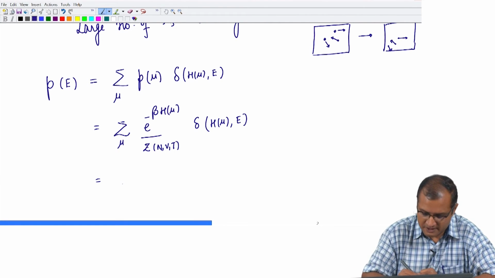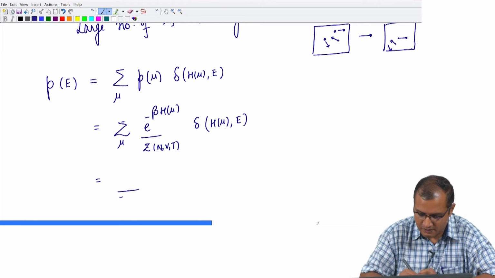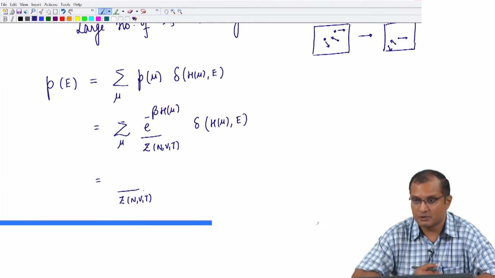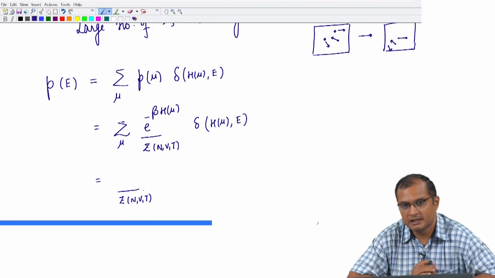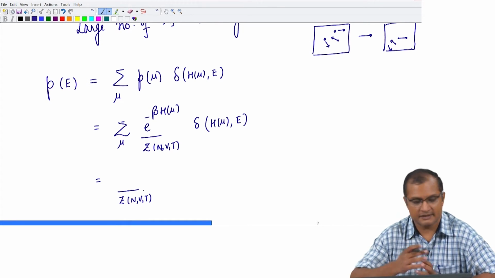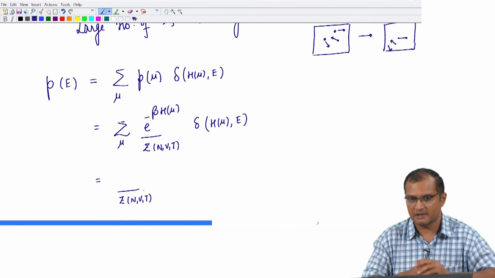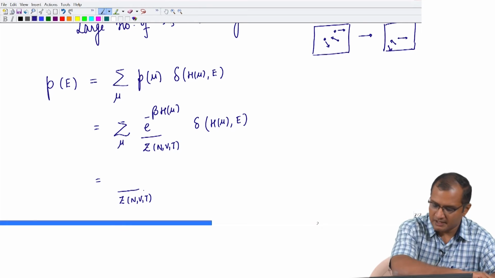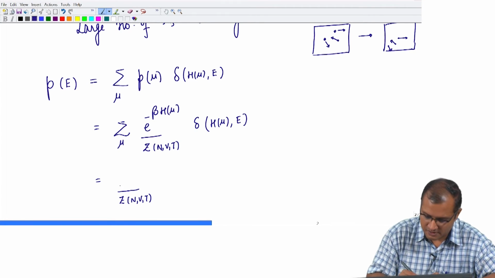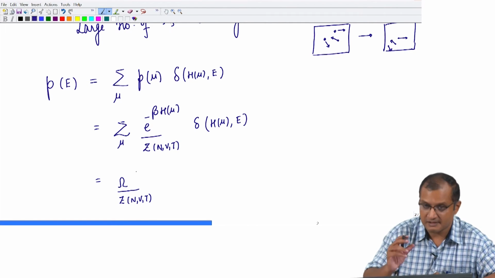So, first observation is that the partition function will come outside, because it remains as is, does not matter whether you use the probability of finding the system in a microstate mu or you find a probability in terms of E, the partition function remains the same, and that summation simply captures all the states with energy E.